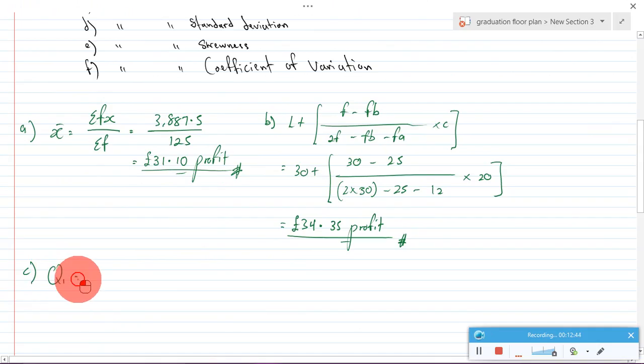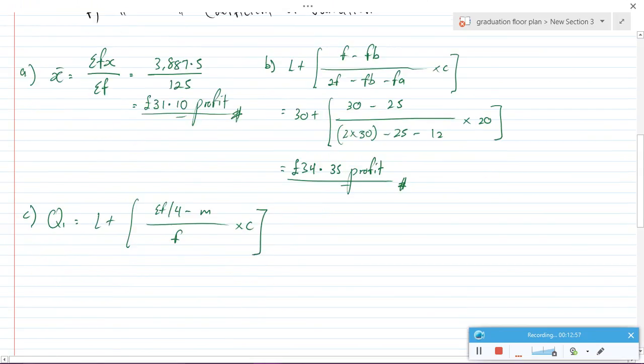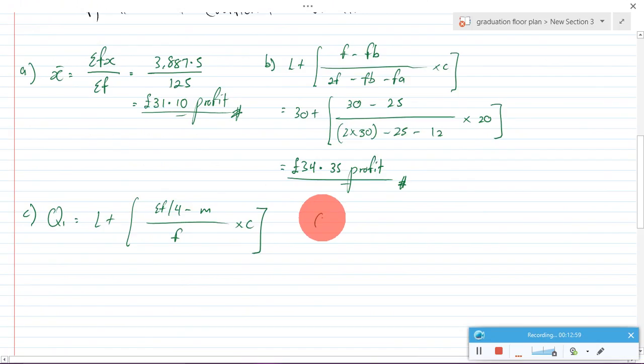Okay, now we need the M now. So we start with the Q1 first.